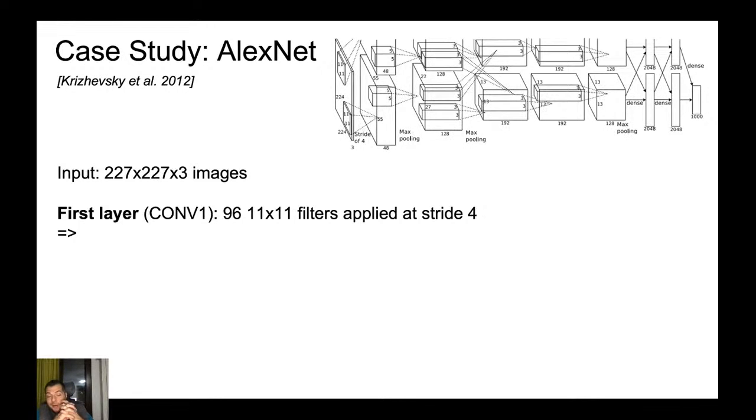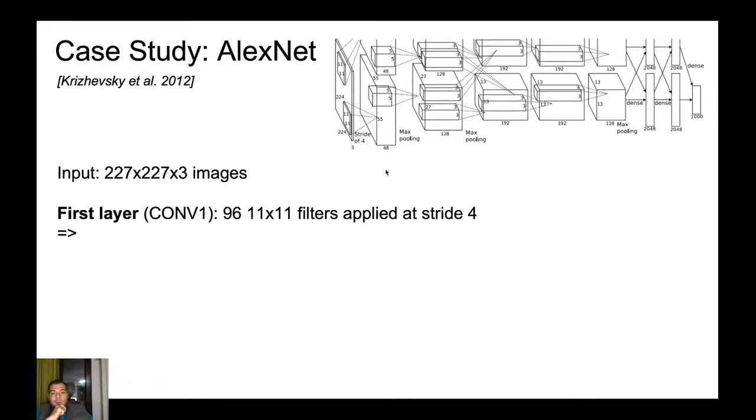So in the first layer, actually, when they trained the network, they trained it using 2 GPUs that didn't have too much video RAM. So they had to train 2 independent networks, one on each GPU, and then they concatenated the networks together.